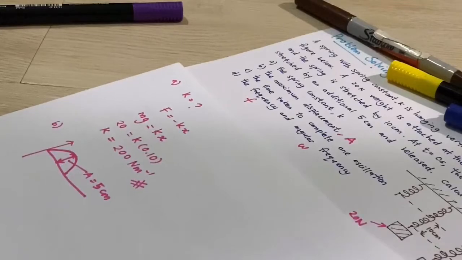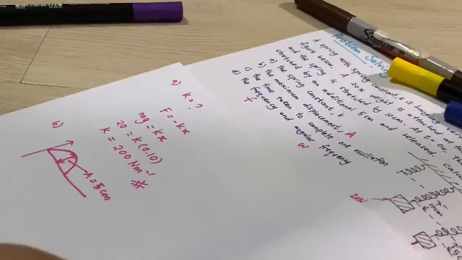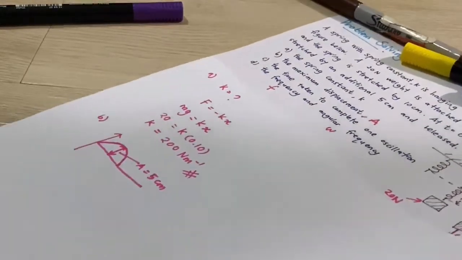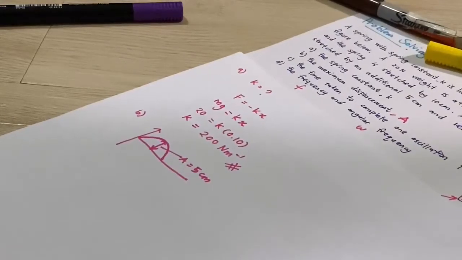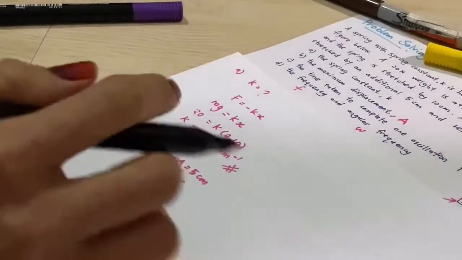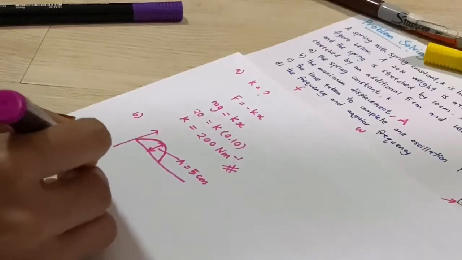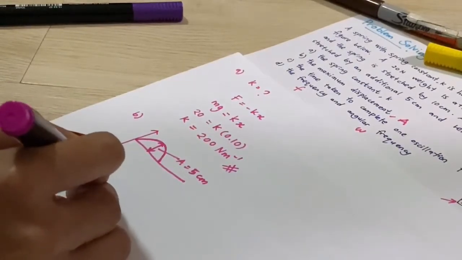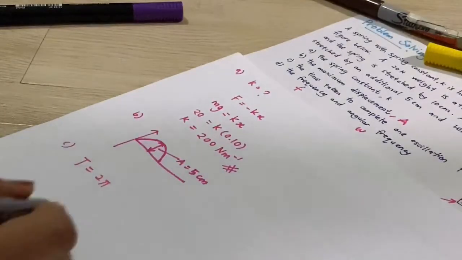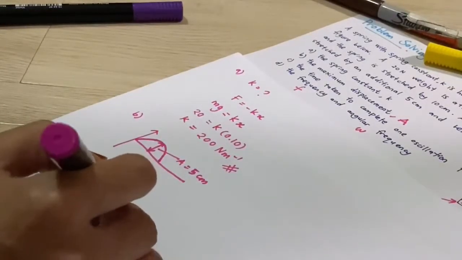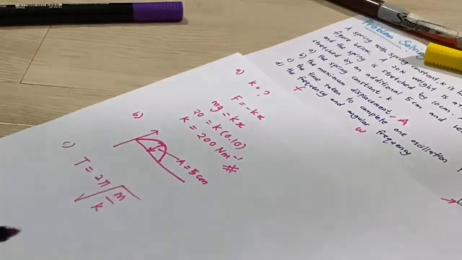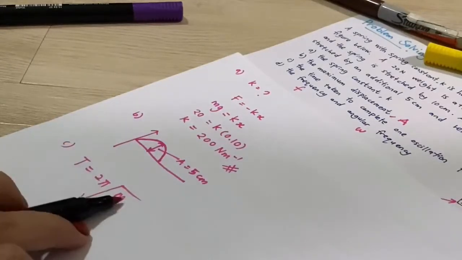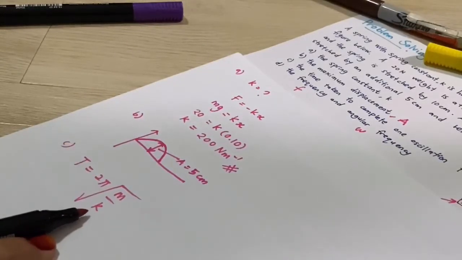Next, the time taken to complete one oscillation. We have the formula, period T equals 2 pi square root of m over K. M is mass, K is the spring constant.